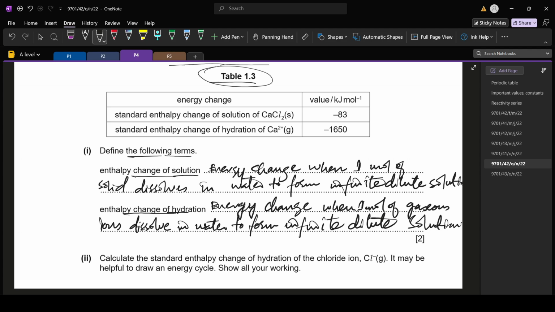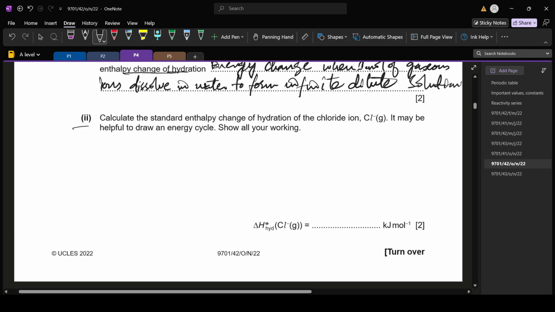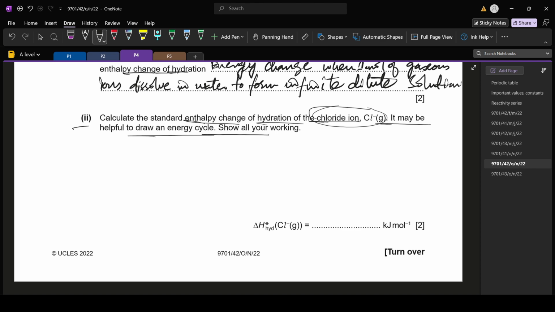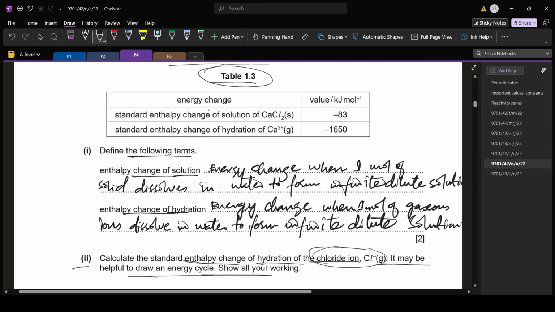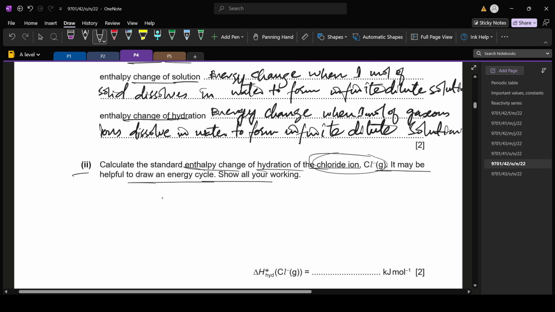Okay, now moving towards next part, calculate the standard enthalpy change of hydration of chloride ions. Okay, it may be helpful to draw an energy cycle. So let's first, you are given the standard enthalpy of solution of calcium chloride. So let's say this is calcium chloride in solid.